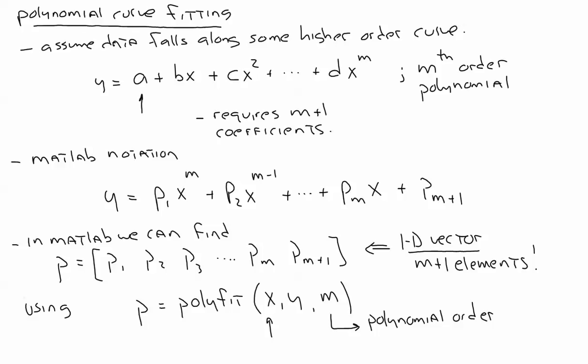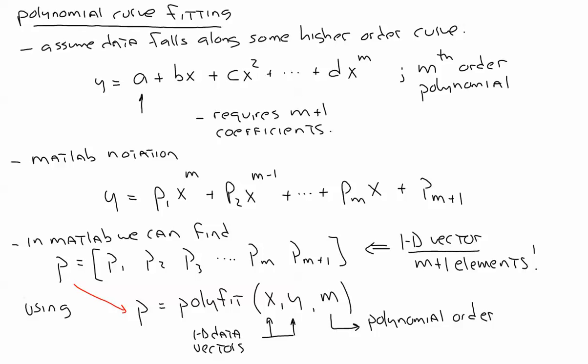X and y here are both 1D data vectors, and P is an m plus 1 element 1D vector. So that's the notation that we get from Matlab.